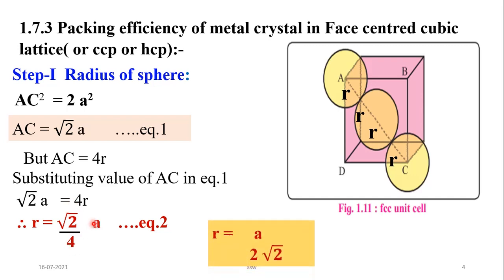And that is equal to what? r is equal to a divided by, root 2 divided by 4 is nothing but 2 root 2. Therefore, r is equal to a divided by 2 root 2. So this is the radius of this sphere in FCC or CCP or HCP.